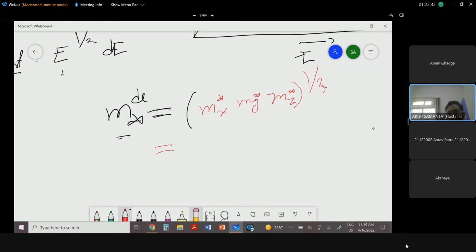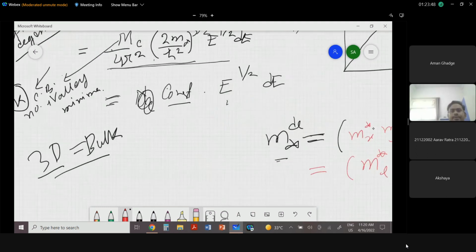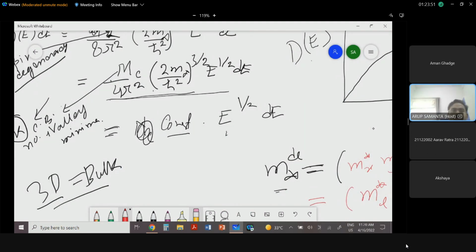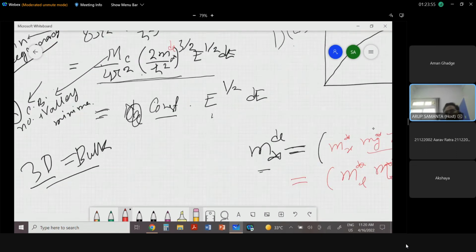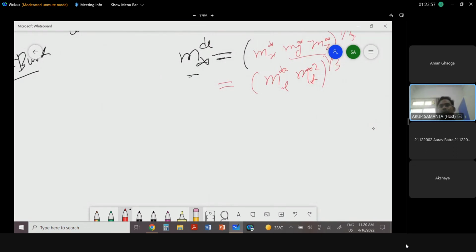So this is the longitudinal mass ml star, and the transverse masses are both the same, mt star square, whole to the power 1/3. We replace this mass here, and for the density of state calculation we use this mass m star dE.